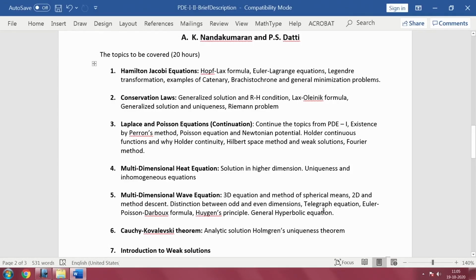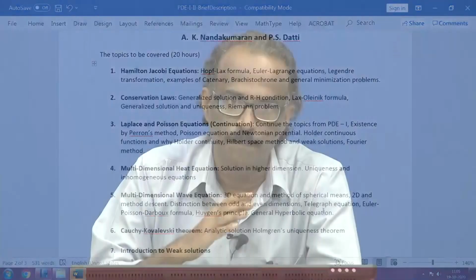After that, maybe a quick introduction to modern weak solutions. The whole of PDE for the last 50 to 70 years has been studied based on this modern concept, which requires a larger amount of functional analysis. So, we will not be able to cover weak solutions extensively.